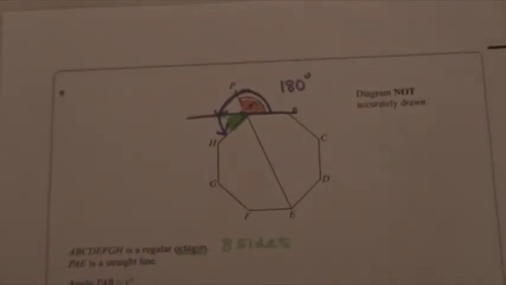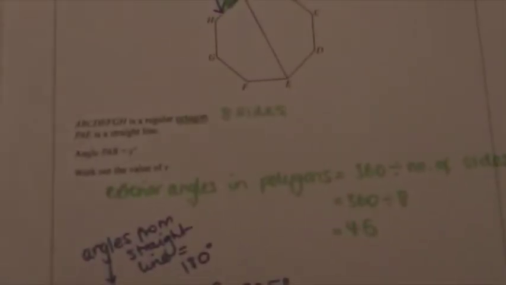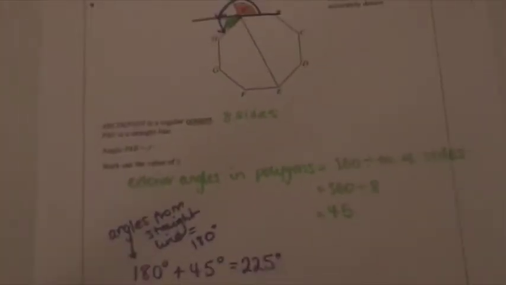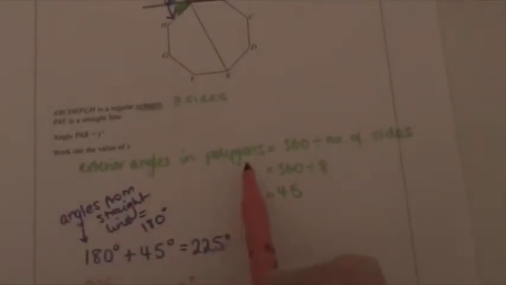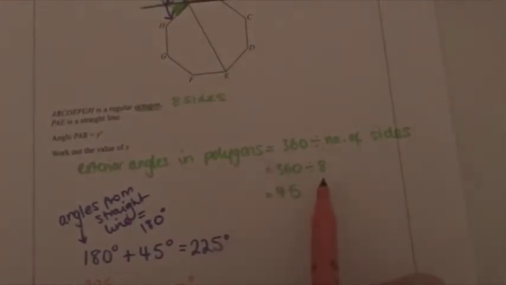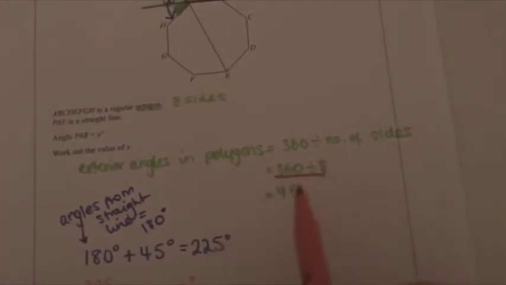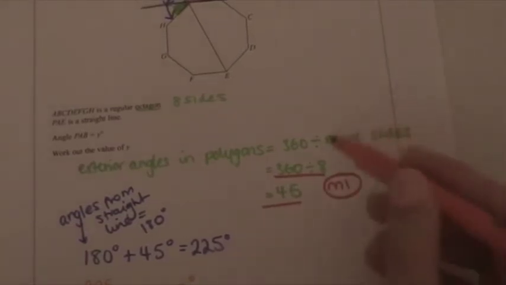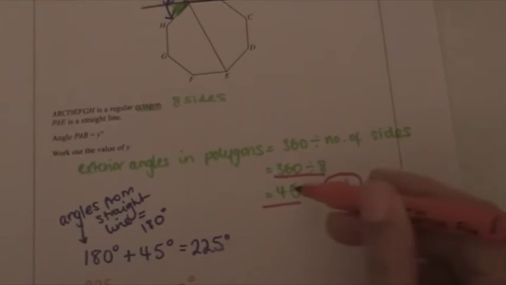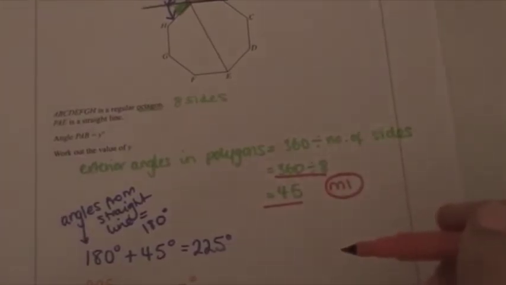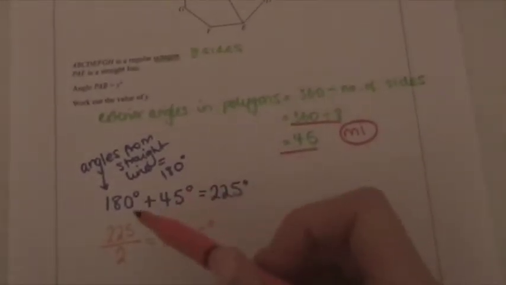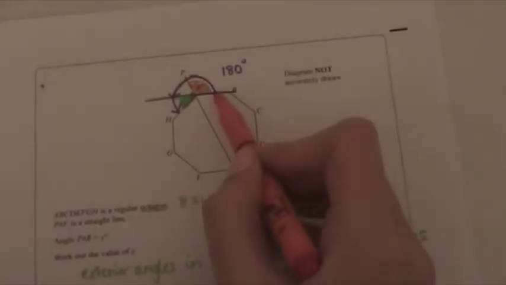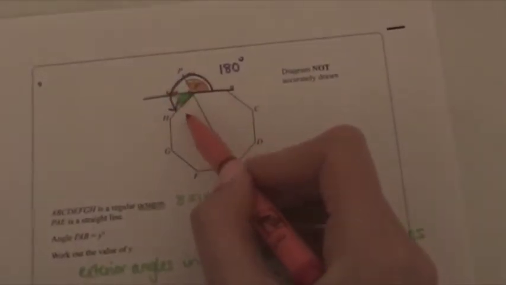Question 9, mark scheme. So this is a total of 4 marks for this one. So 3 method marks and 1 accuracy mark. The first method mark is for correctly identifying exterior angles in polygons is 360 divided by 8. So if 360 divided by 8 is seen, or 45 is seen, that is your first method mark. So perhaps you wouldn't be able to necessarily work that out, you'd still get the mark for it. If you've got 45, that means you can carry on with the question. Second method mark is for correctly identifying that we had angles in a straight line, 180 plus the 45.